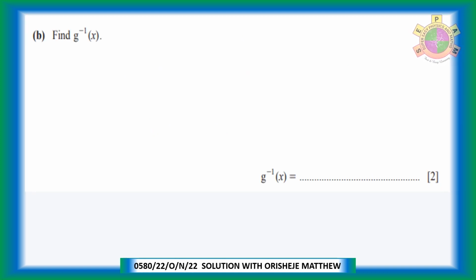Then we have the inverse function of g. What is g? g of s is equal to s plus 5 divided by 2.